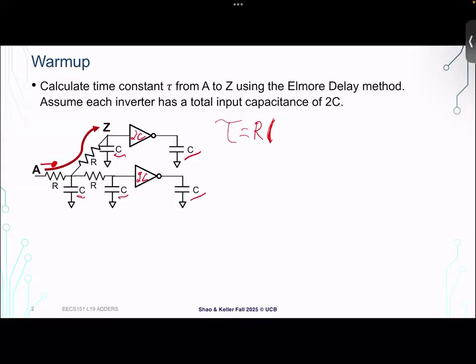But let's be a little careful. Remember, if you look inside an inverter, it looks like this, right? So can current flow through an inverter from the input to the output node?